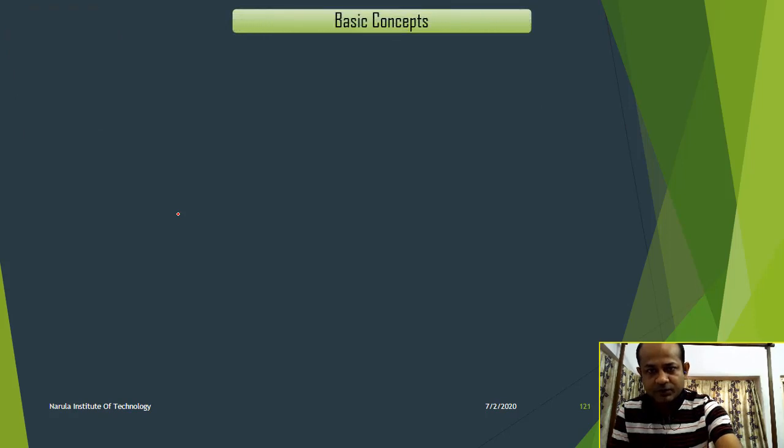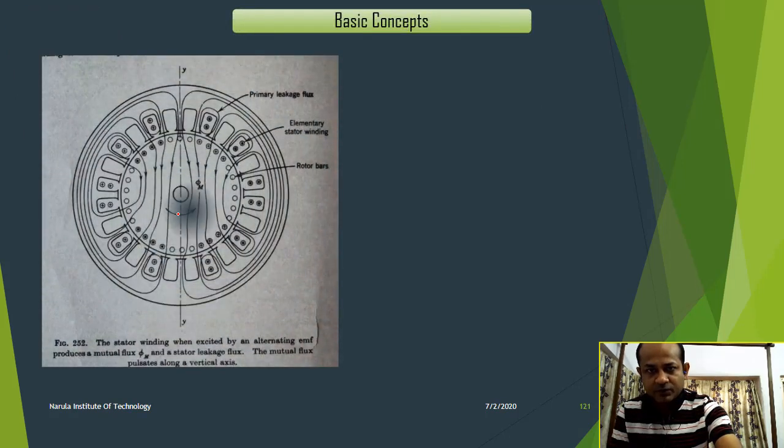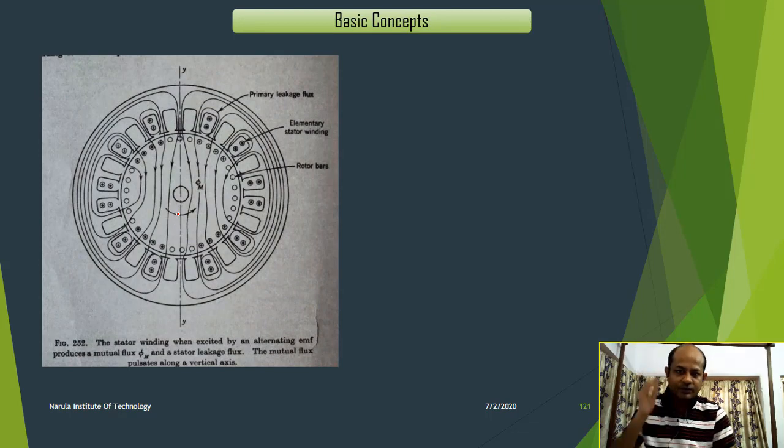So now if we look into this figure, this figure is basically the distribution of motor winding in the stator slots of a two-pole machine.